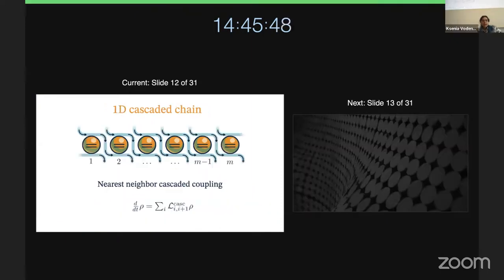Now, a 1D cascaded chain is a chain of such atoms, every two of which interact through this cascaded coupling. And again, we can write our master equation as a sum of this cascaded interaction between neighboring atoms.